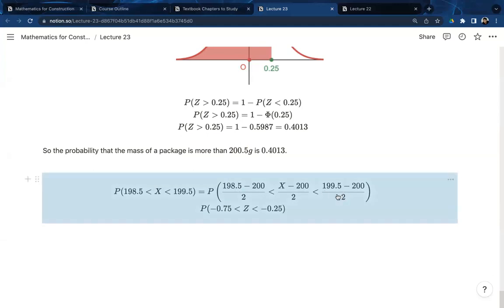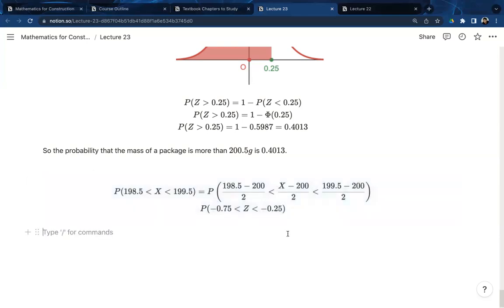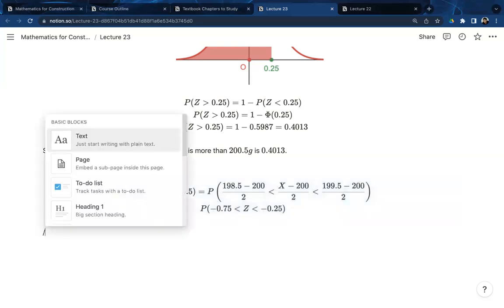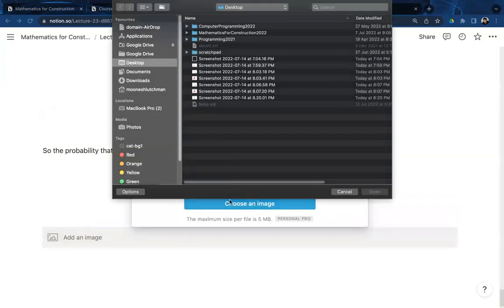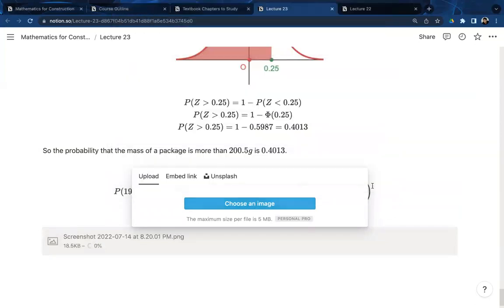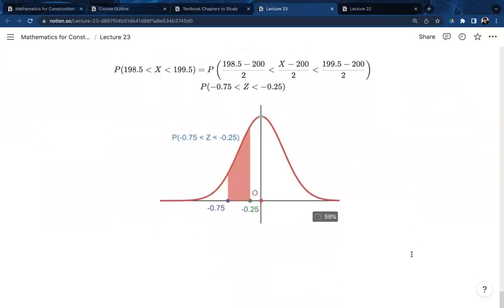This part here is 199.5 minus 200, then we divide by 2. That's minus 0.5, divided by 2 is minus 0.25. So we need a diagram for this. This is how this would look. That's the area they want there. How you split that up is the, let's try it.